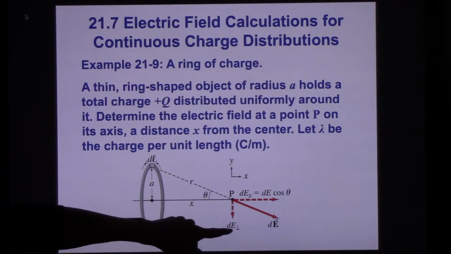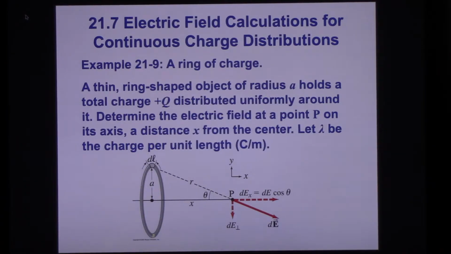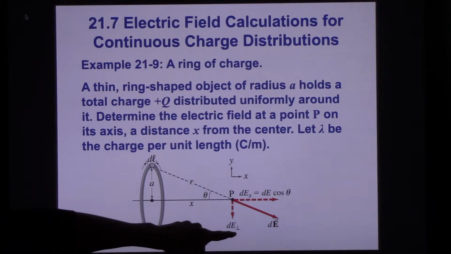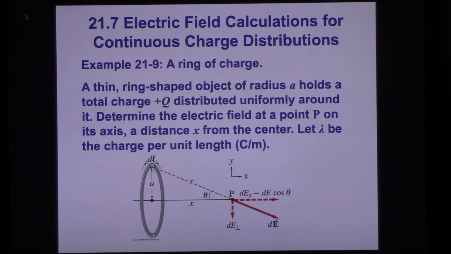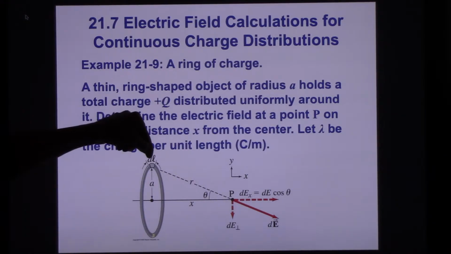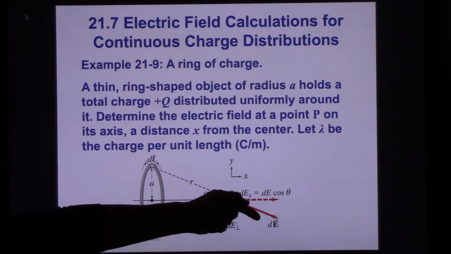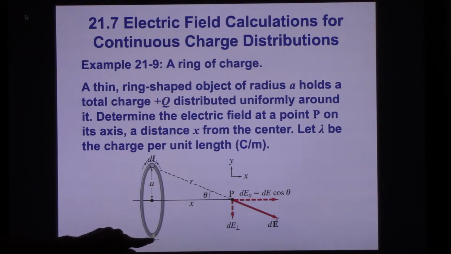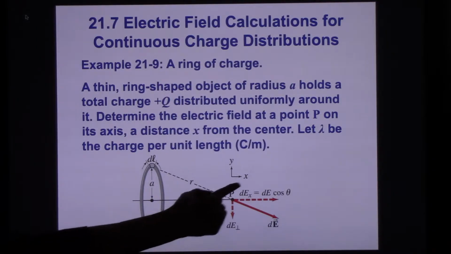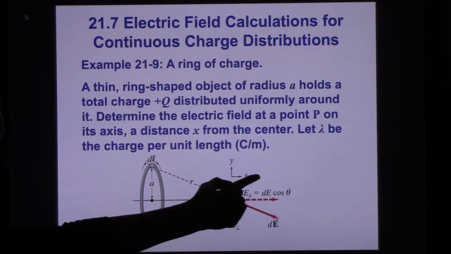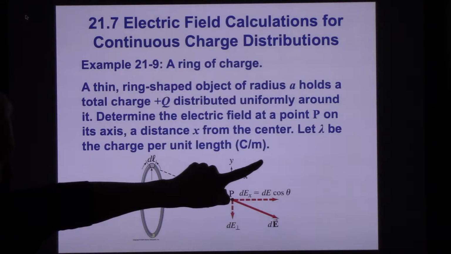The perpendicular direction, the y direction, here's what's going to happen. As I loop, as I follow the circular path around the axis, these dE perpendiculars are going to cancel each other out. For every little bit of charge here that generates a field down at that angle, there's going to be a corresponding piece of charge exactly on the opposite side that generates an electric field angled oppositely.